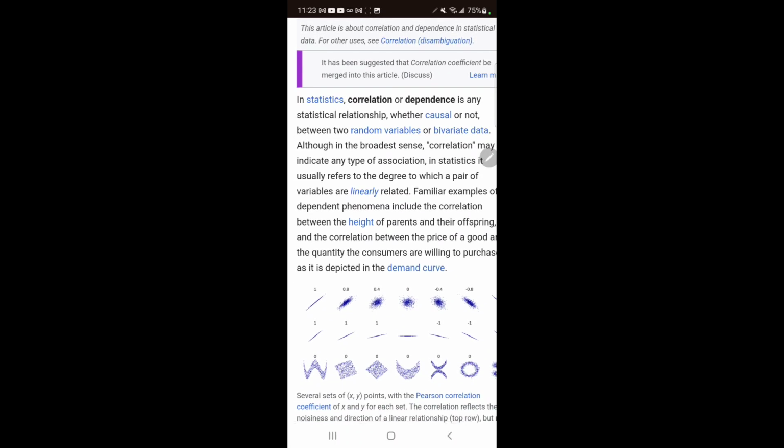In statistics, it usually refers to the degree to which a pair of variables are linearly related. And to draw the line, I think I have arrived early at an assumption, but I don't want to make an ass out of you, so I'll let you draw your own conclusion there.